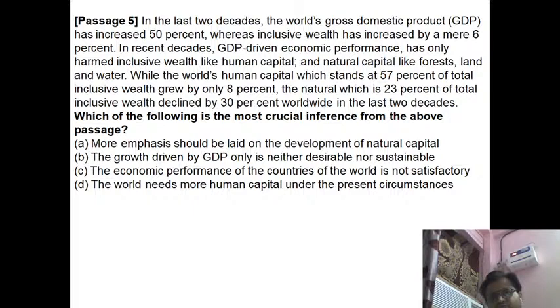While the world's human capital, which stands at 57% of total inclusive wealth, grew by only 8%, the natural capital, which is 23% of total inclusive wealth, declined by 30% worldwide in the last 2 decades. So, in the last 2 decades, the world's GDP has increased 50%, whereas inclusive wealth has increased by a mere 6%. So, the passage directly gives us an idea that growth driven by GDP only is neither desirable nor sustainable. We cannot only focus on that part.